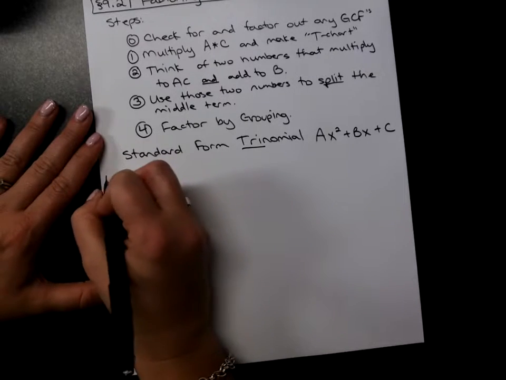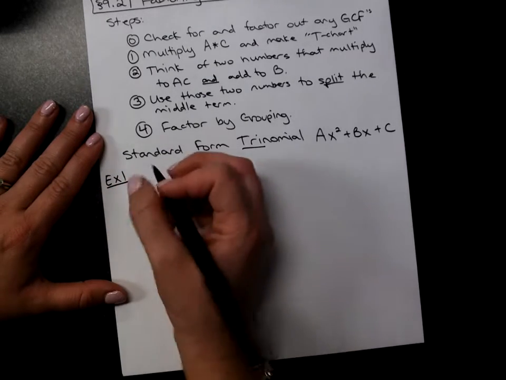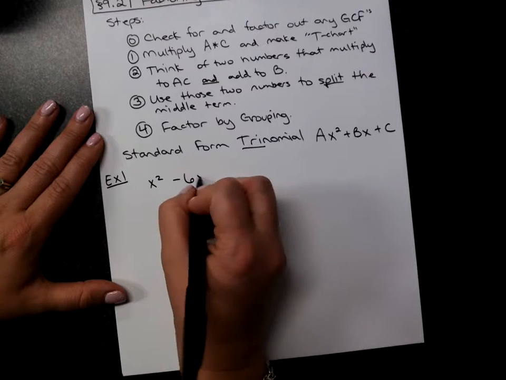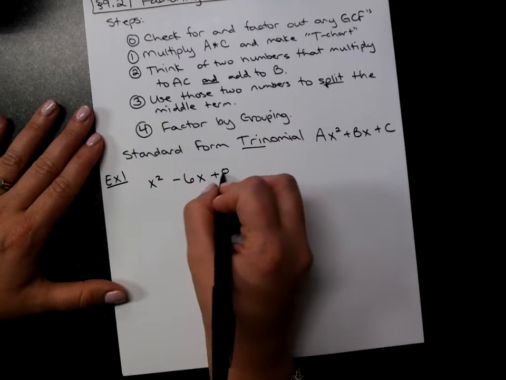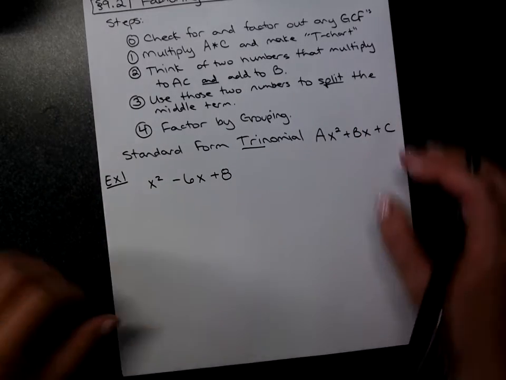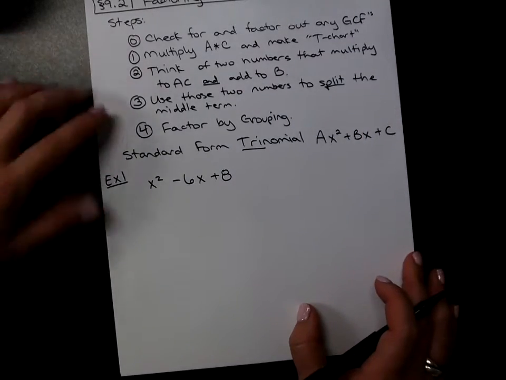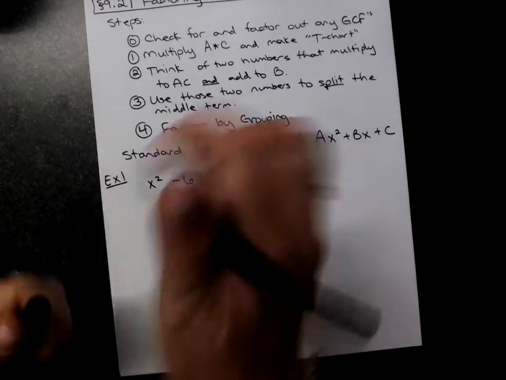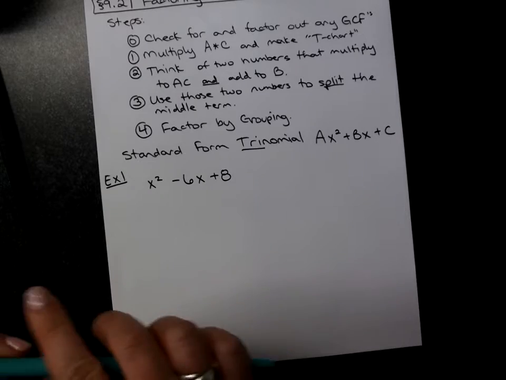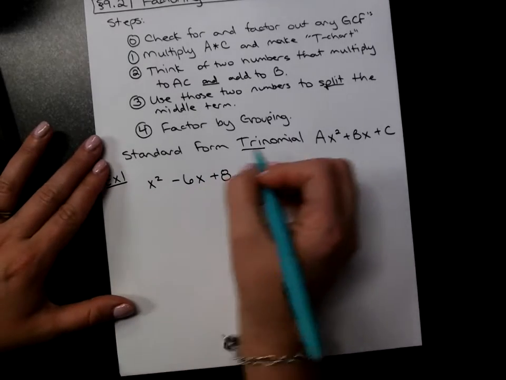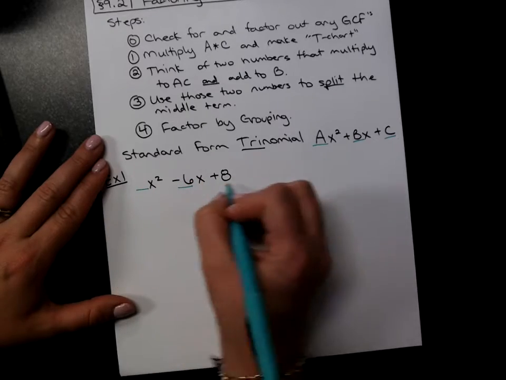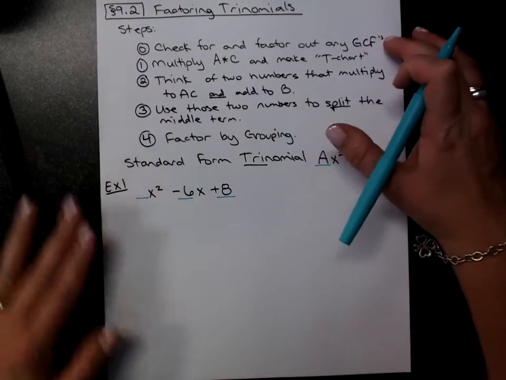So let's do an easy one together. Example 1, if I have x squared minus 6x plus 8. I have 3 terms. It's a trinomial, so I'm going to use my steps. First thing to think about, and I'm going to teach this as if you've never seen it, or it's been a long time, is you look at your coefficients, A, B, and C, and you check for GCF.